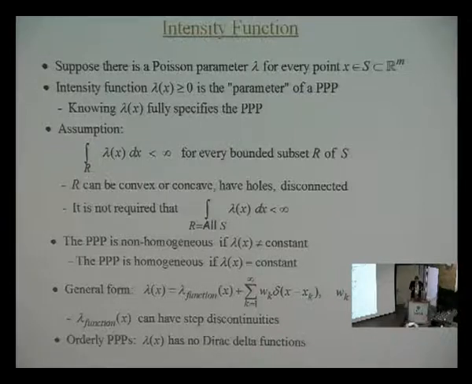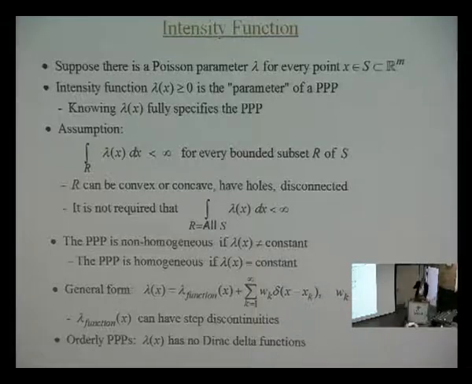It does not really matter. They are that flexible. So for each point, so each infinitesimal in this volume, there's a Poisson distribution on the number of occurrences of something in that volume. So we're going to have an intensity, not an intensity as a scalar, but intensity as a function, one for each x in the space.